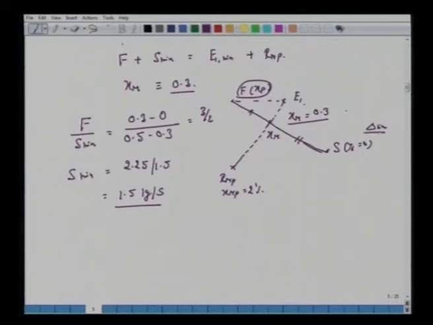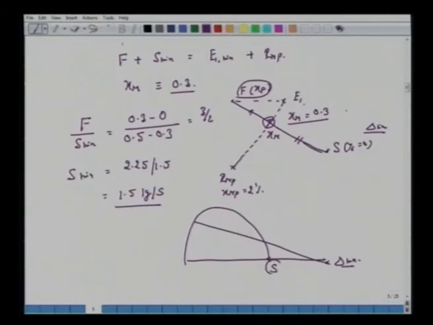So essentially we rely on the mixing rule again. We have the tie line which intersects the equilibrium phase at E1, connect this E1 to RNP to obtain this XM, and then we can apply the lever rule again between F and S to obtain this 1.5 kg per second.